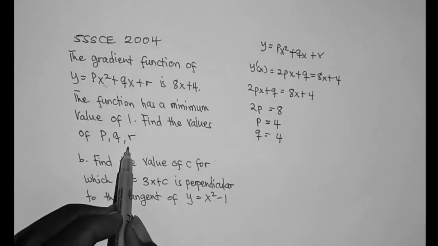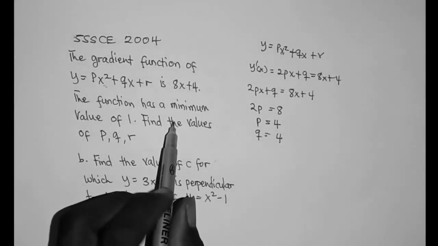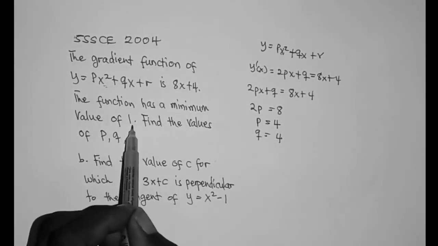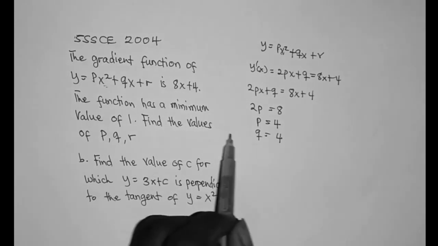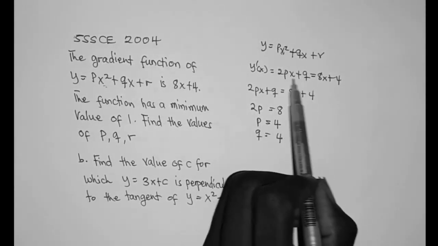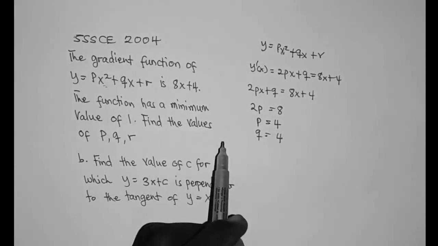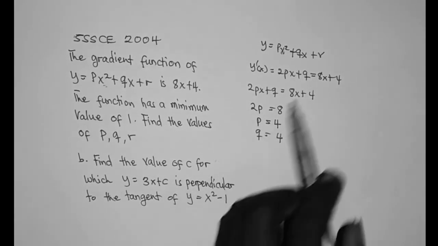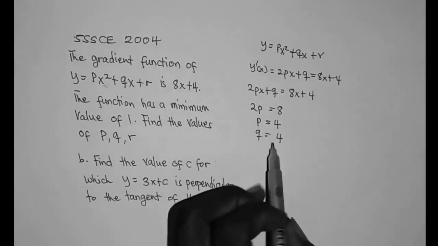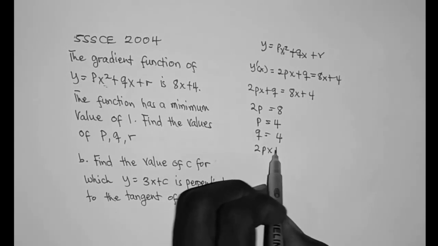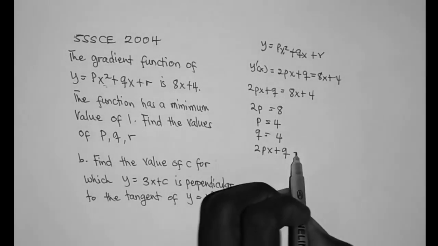So we are left with r. But the question says that the function has a minimum value of 1. So it means that we should take this y prime of x and equate it to 0. Then we can find where the minimum occurs, which is x. So y prime of x is 2px plus q equals 0.